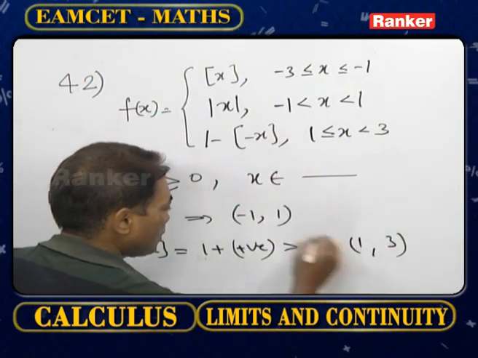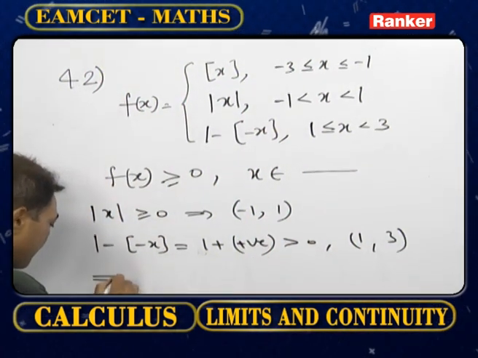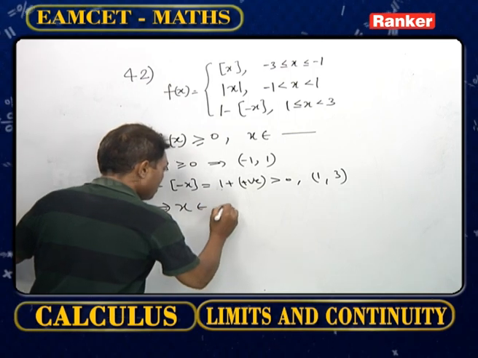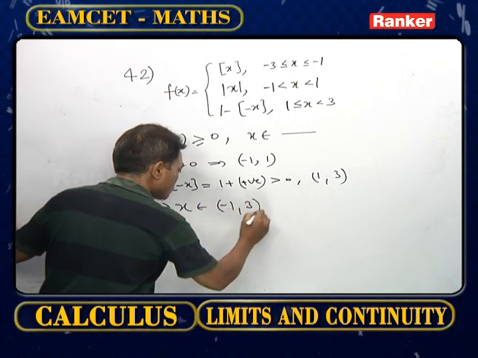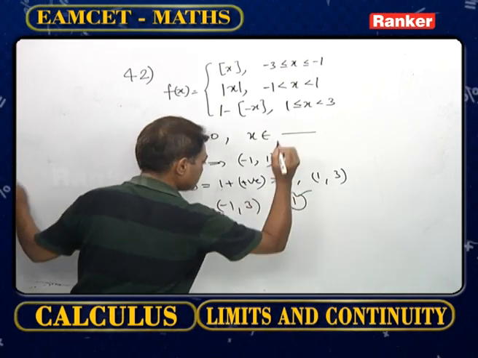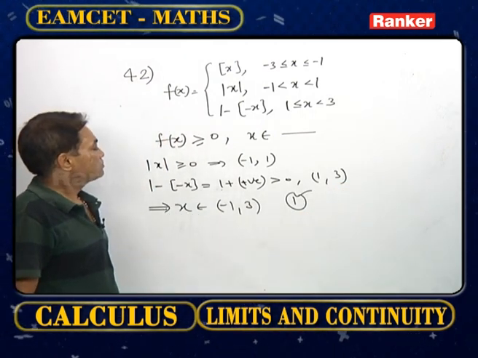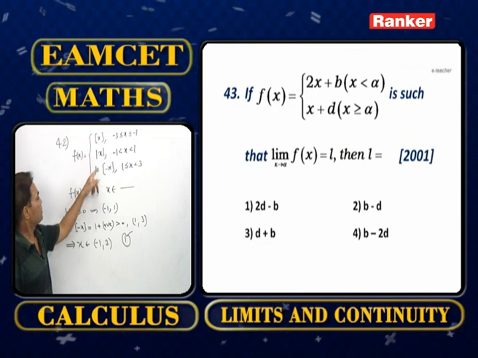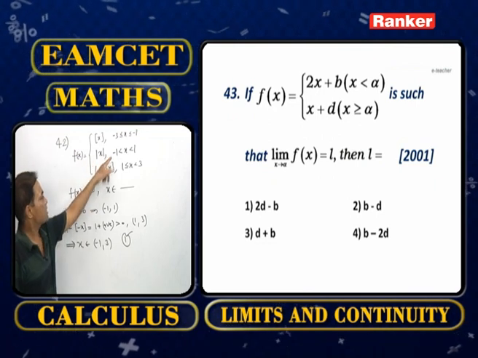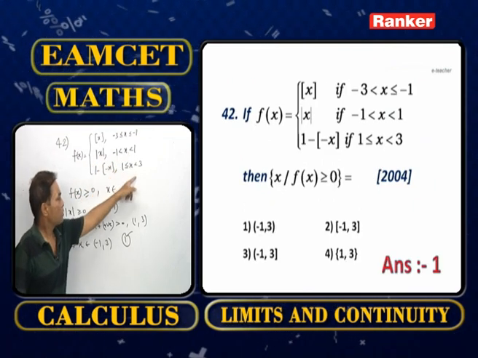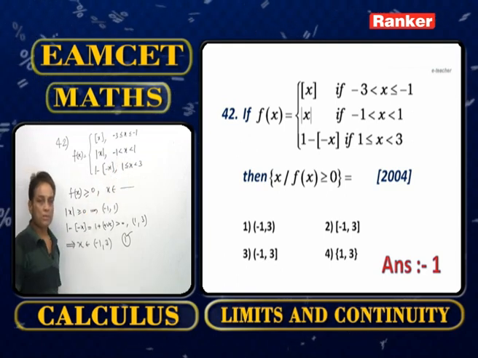Now if you make the union, finally what is your x value? Minus 1 to 3. So the first option is the right answer, minus 1 to 3. In this range this will become positive. So we make use of minus 1 to 1 and 1 to 3, total is minus 1 to 3.